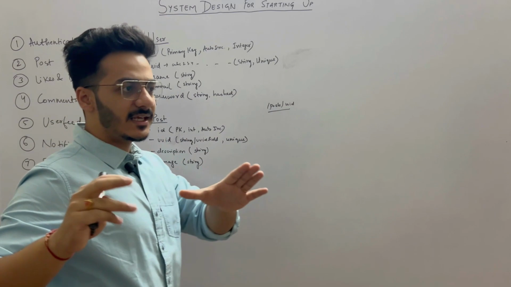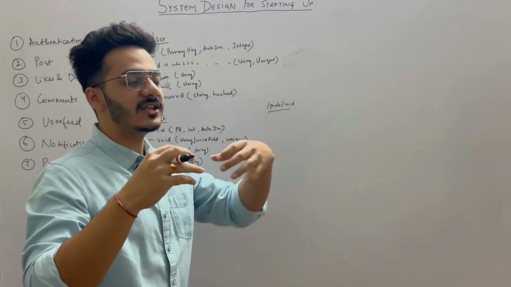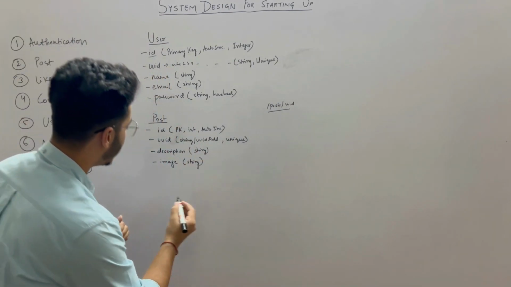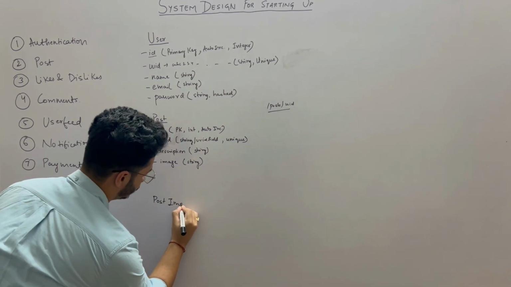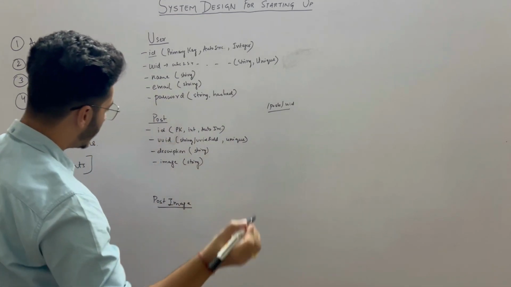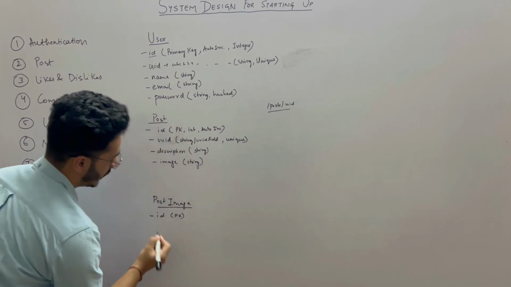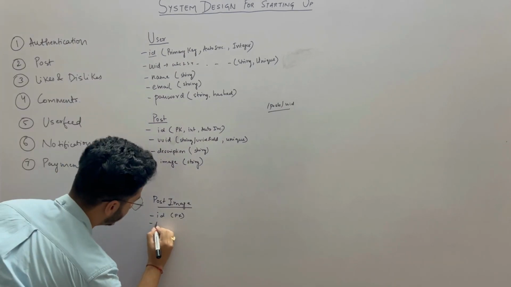But now suppose you want multiple images to be linked to a post. Suppose a user can post with multiple images. Then you can create a separate table called post image. And here you can add a field ID. Of course that will be a primary key. And then we can have post ID.